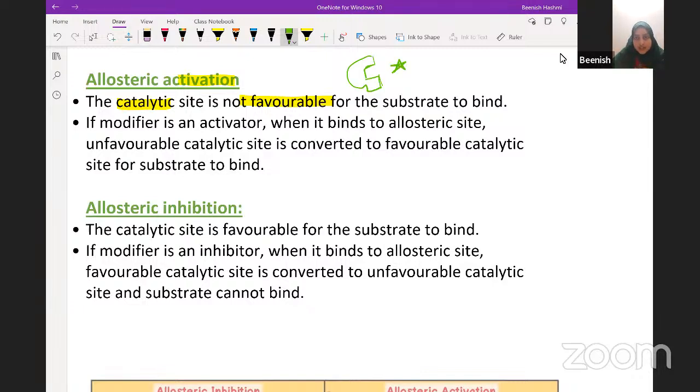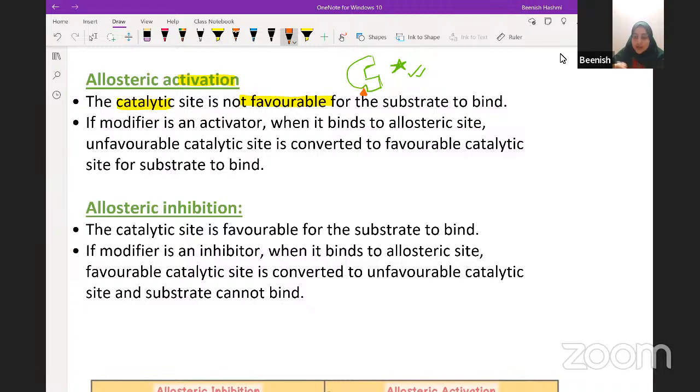The substrate looks like this. So this active site is unfavorable for the substrate. But what happens? An allosteric modifier is going to come and bind to this allosteric site. You can see this in orange. An allosteric modifier, that is an activator. A positive allosteric modifier is going to come and bind in this allosteric site.